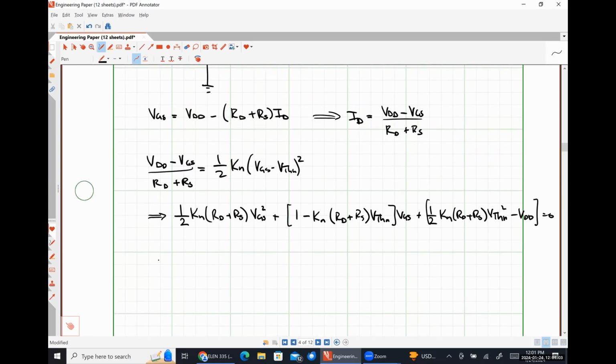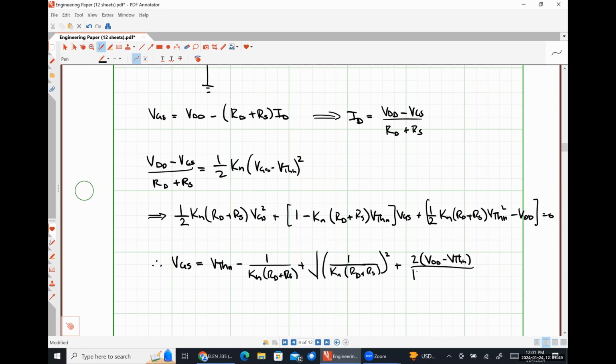Solving this quadratic equation, we wind up getting VGS is equal to VTHN minus 1 over KN times RD plus RS, plus the square root of 1 over KN times RD plus RS squared plus twice VDD minus VTHN divided by KN RD plus RS.